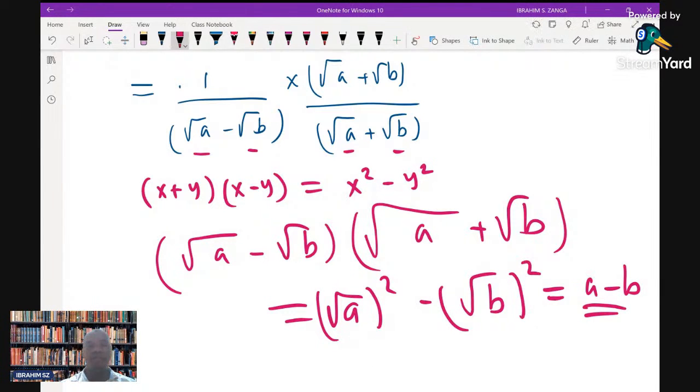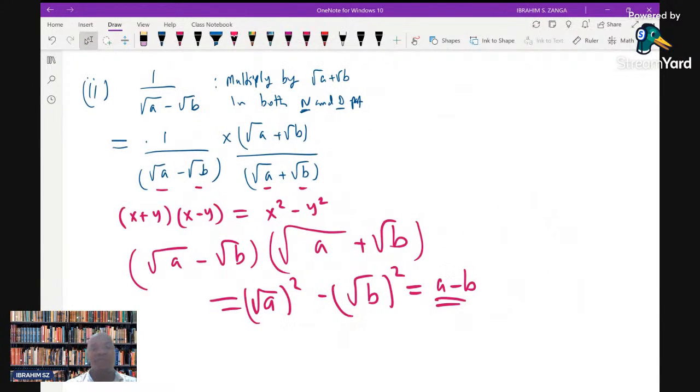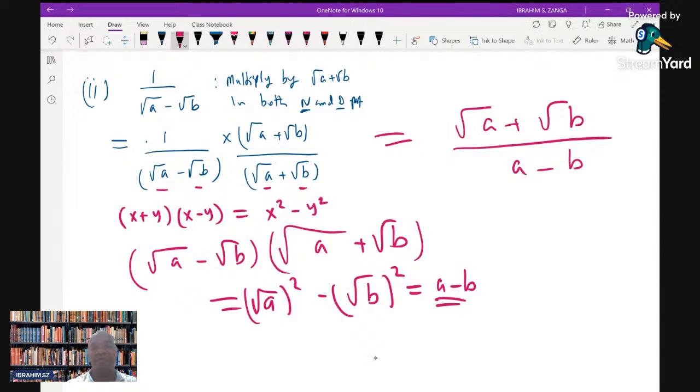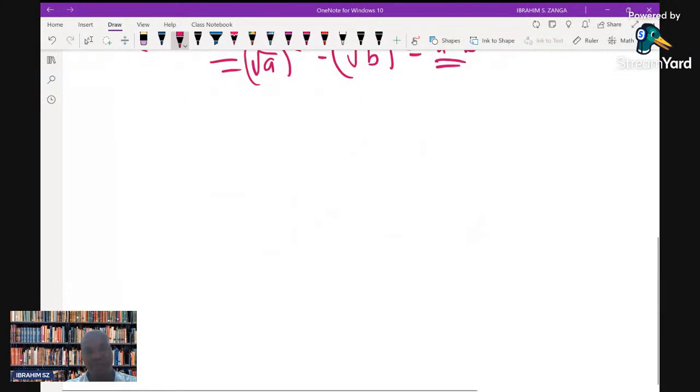Okay? Or from the last part, we can say that this one here is equal to square root of a plus square root of b divided by a minus b. Yeah. So we have managed to rationalize that general expression.